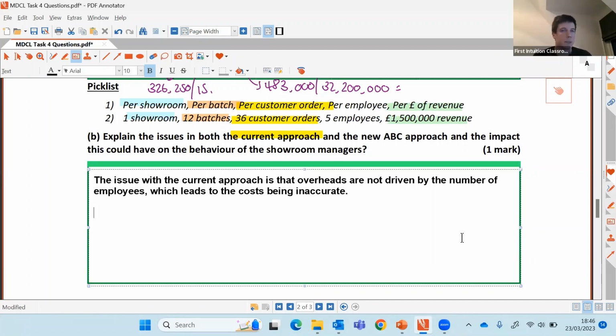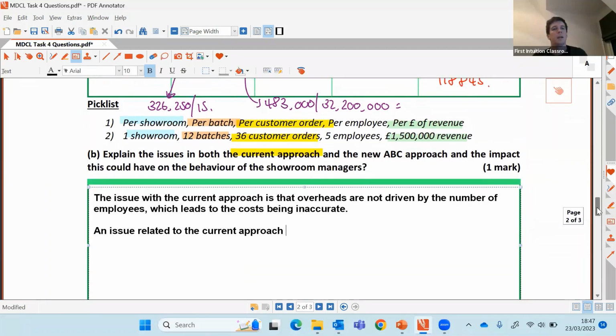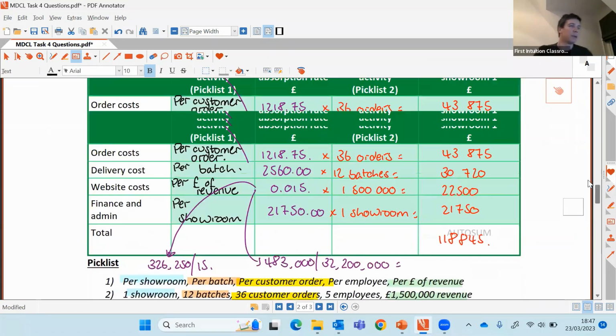The new approach looks better, don't get me wrong. It does look better. An issue related to the current approach could be, for example, well, rather than me tell you, can anybody think of a reason?